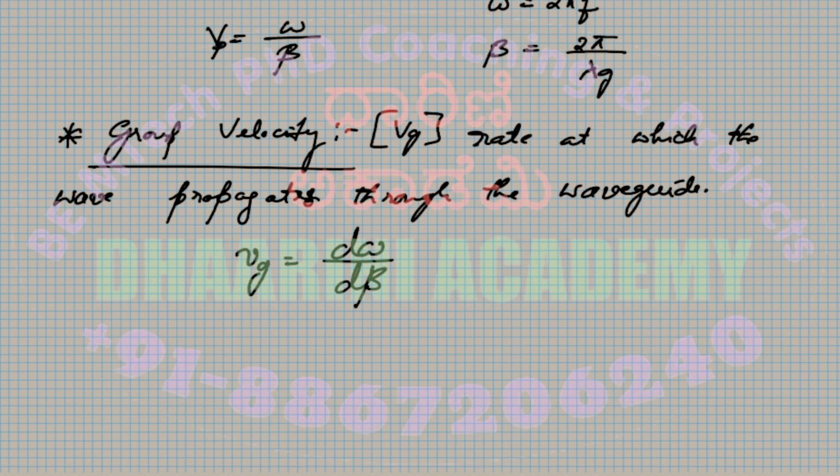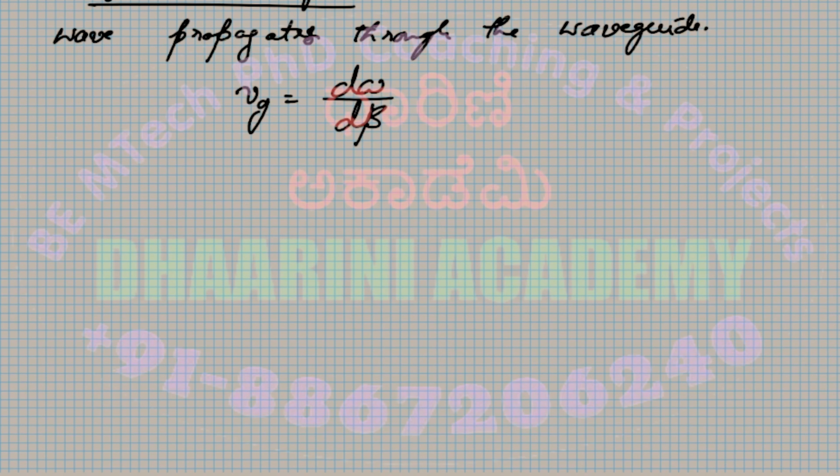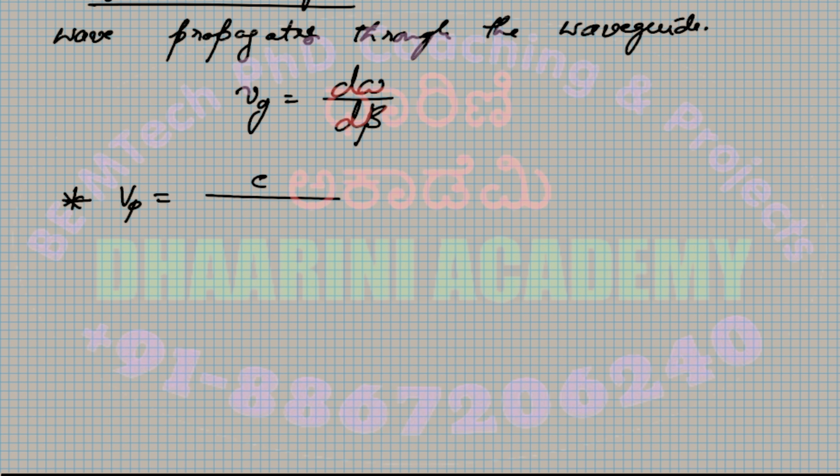Right. These are the definitions. Now let me try to give the equations in other terms. The other standard equations we are going to use, maybe just to solve the problems, are like this. If you want to calculate Vp, one equation is C divided by the square root of 1 minus (Fc divided by F) the whole square.